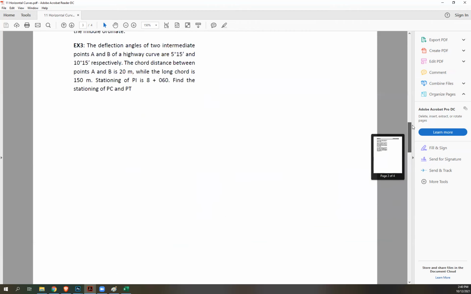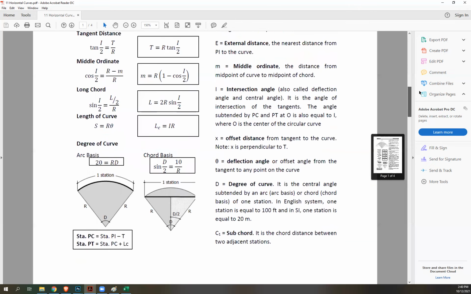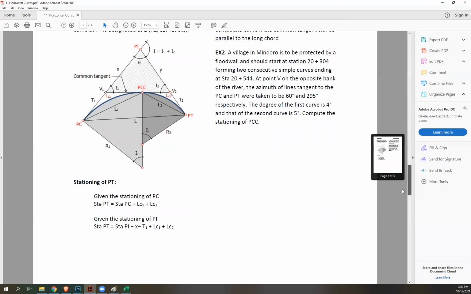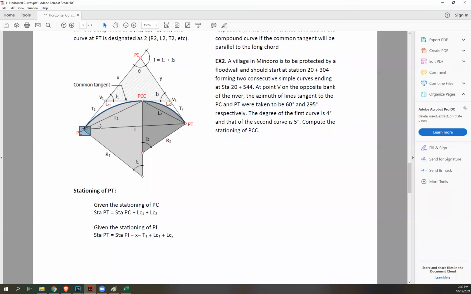And remember, the equation to go back to PC is PI minus the tangent length. So it's almost the same here. To get to PC, it's PI minus this entire length, minus this, which is just X plus T1. Okay, so PI minus X minus T1, that's how you get to PC.